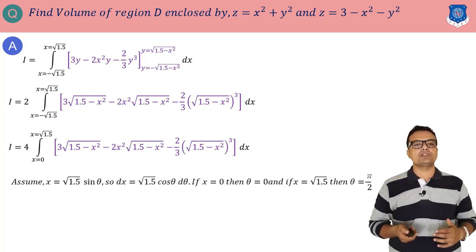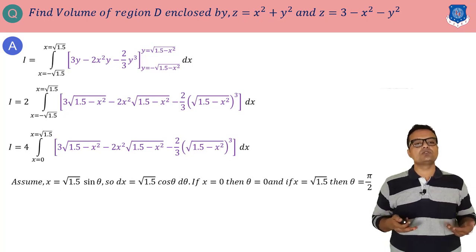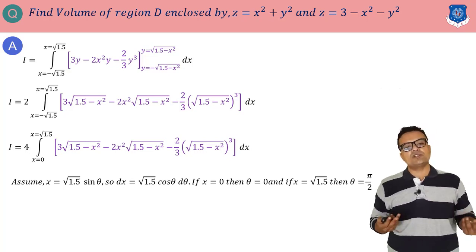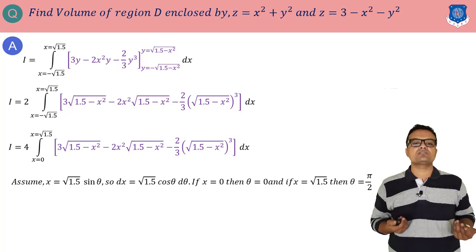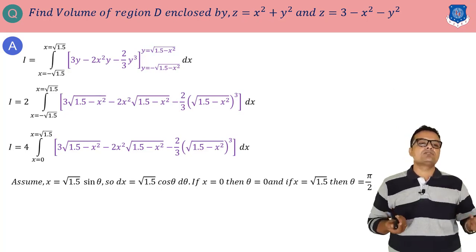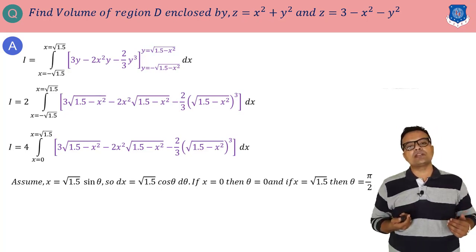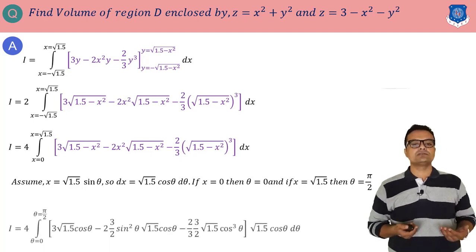So I am taking the assumption x equal to root 1.5 sin theta, correspondingly the value of dx is root 1.5 cos theta d theta, and changing the limits from 0 to root 1.5 to 0 to pi by 2.